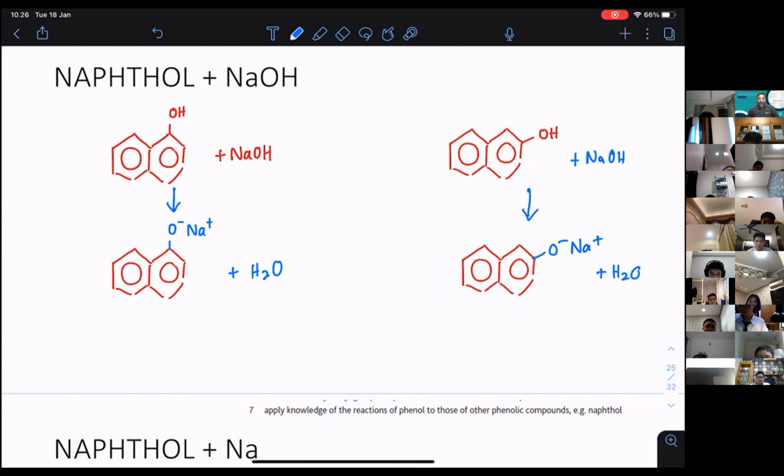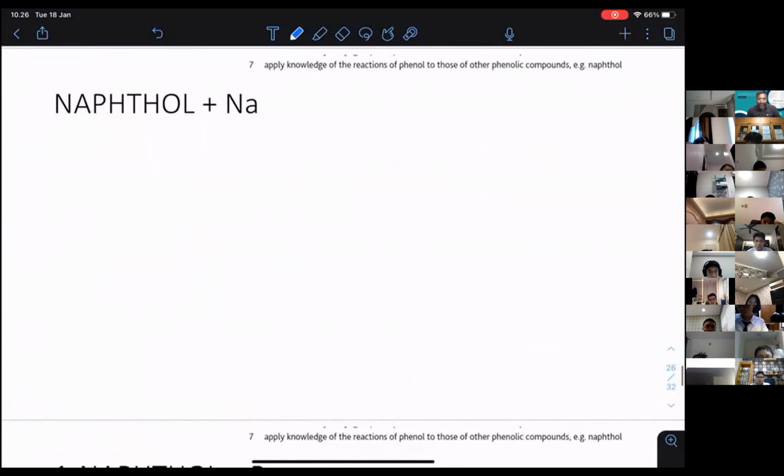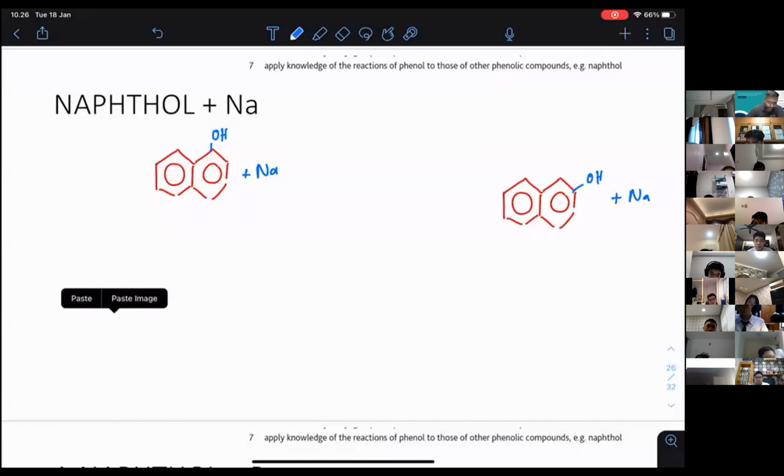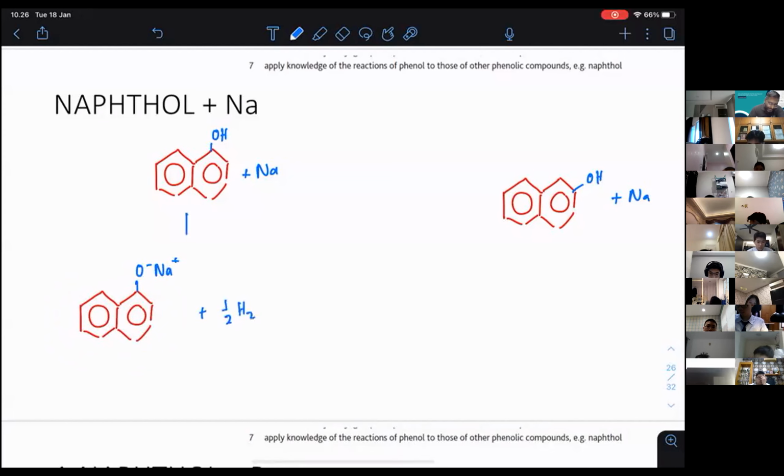Now, let's look at Na. Similar also. If you have this molecule of naphthol, let's say OH over here, and this one OH over here, if I react with Na, what will I get? The same thing. If you react with Na, you are going to get some sort of phenoxide ion, and then you are going to get half H2, hydrogen gas.